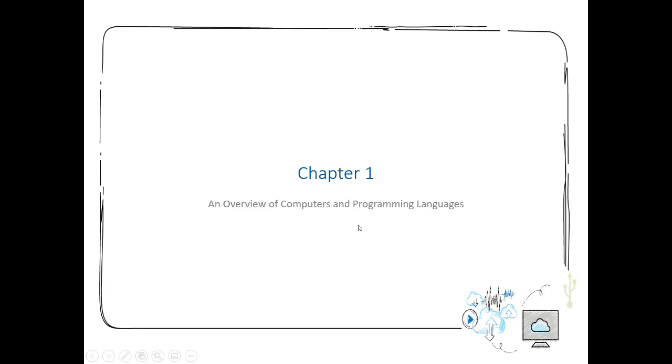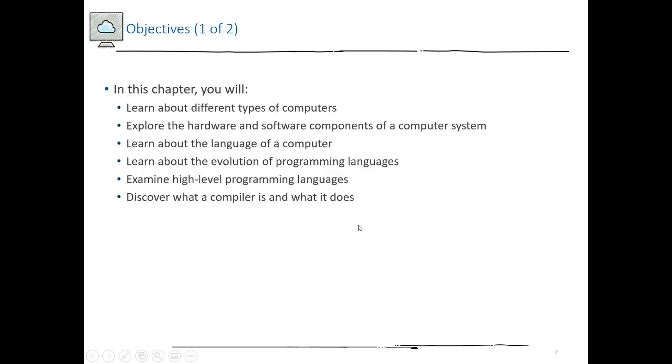Right? So let's go ahead and start with the objectives of the chapter. The chapter has several objectives. It will teach you about different types of computers, and about computer hardware and software and the different components of the computer system. You will learn about how computers are programmed using computer languages, and the evolution of computer programming languages.